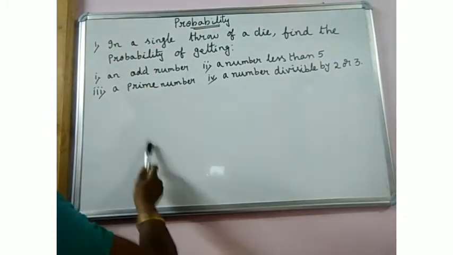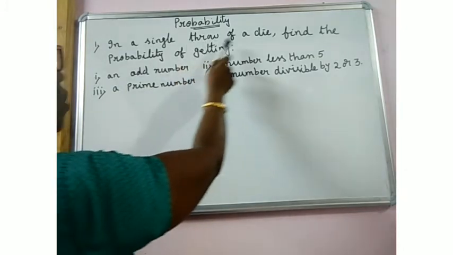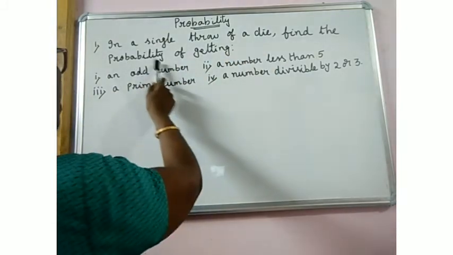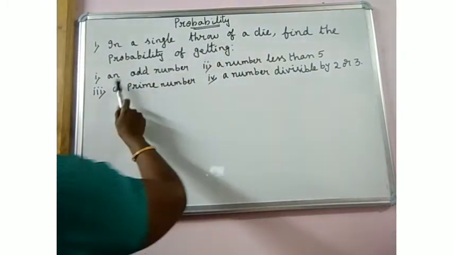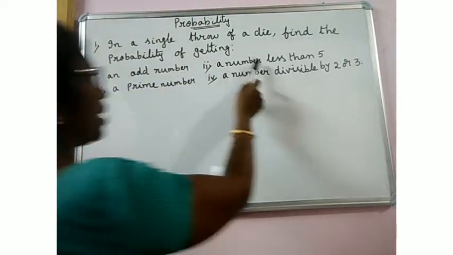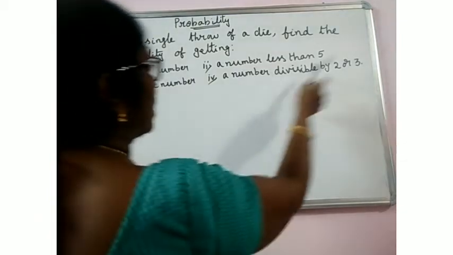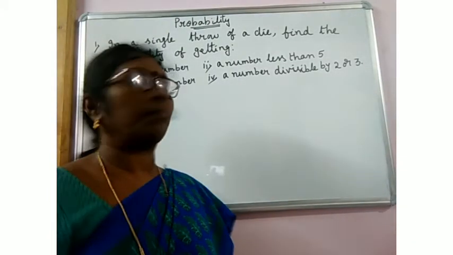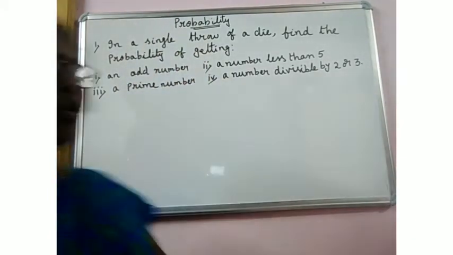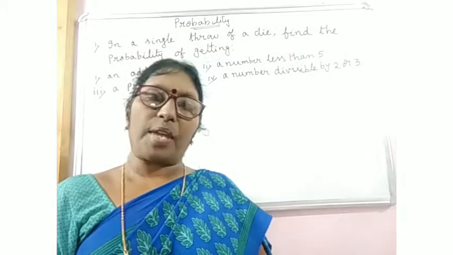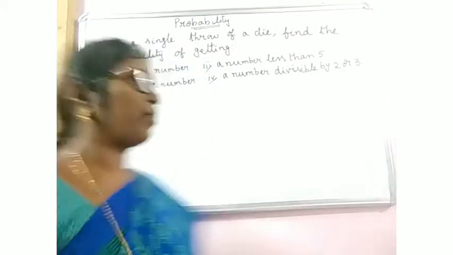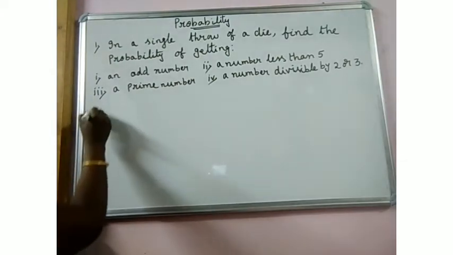Your first question is, in a single throw of a die, find the probability of getting an odd number, a number less than 5, a prime number, a number divisible by 2 or 3. When we throw a die once, what are the possible outcomes?